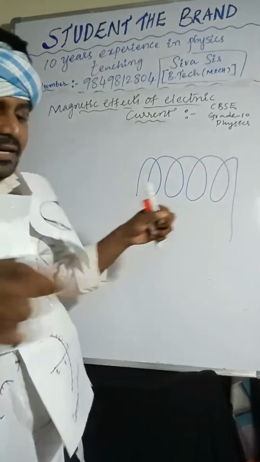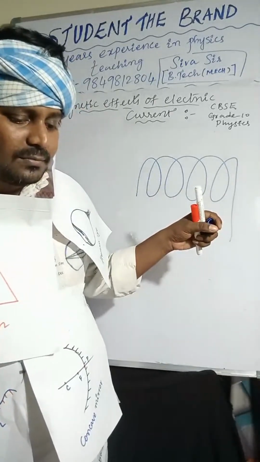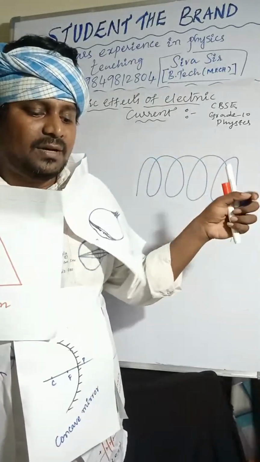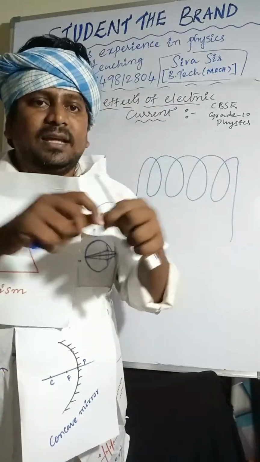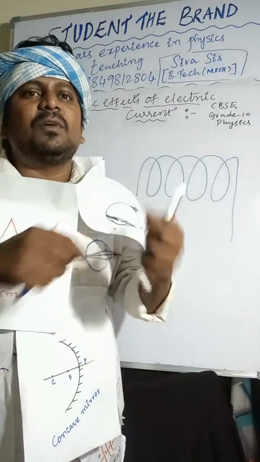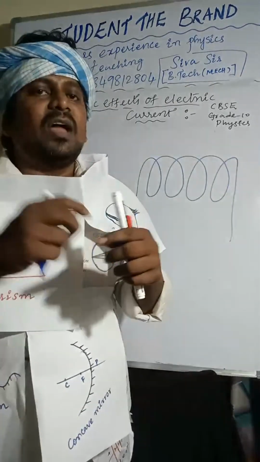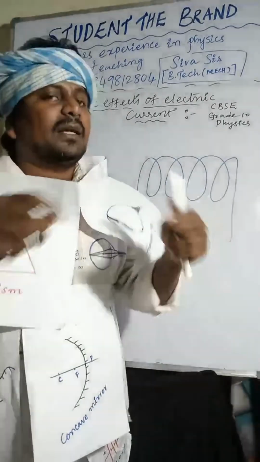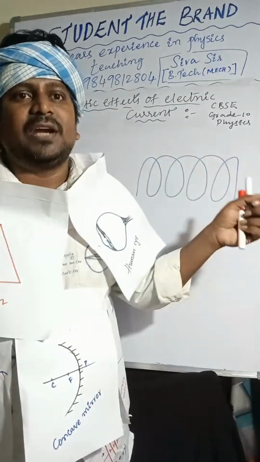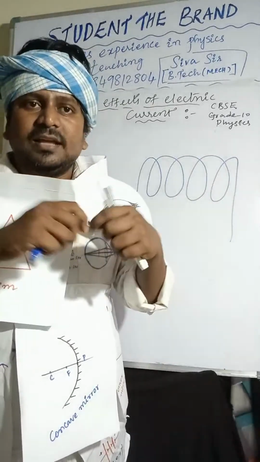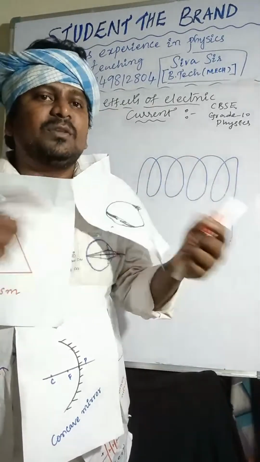Take a straight wire and wrap it in the form of a cylindrical shape.